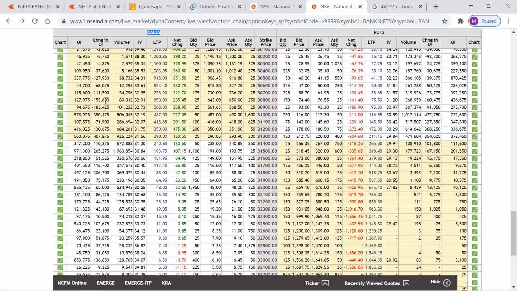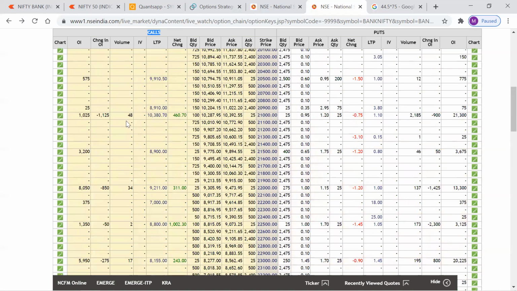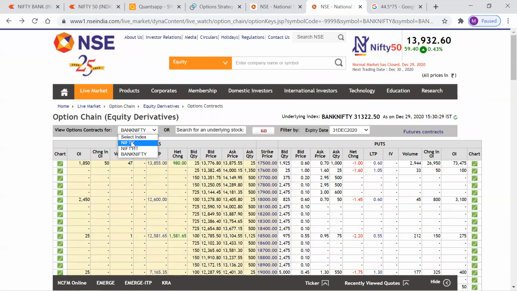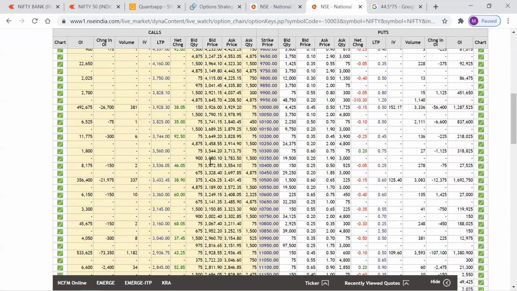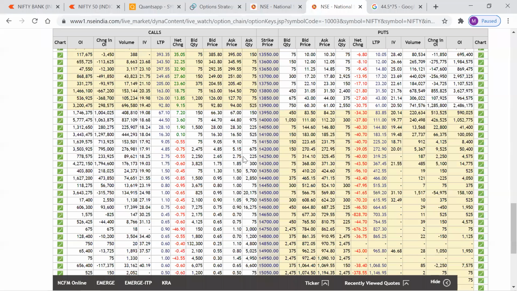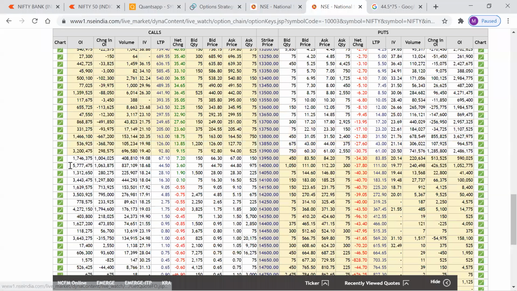Now see, if people are expecting that Nifty will cross 14,000 before 31st of December, then you can buy a call. Let's select Nifty here. See 14,000. How many?